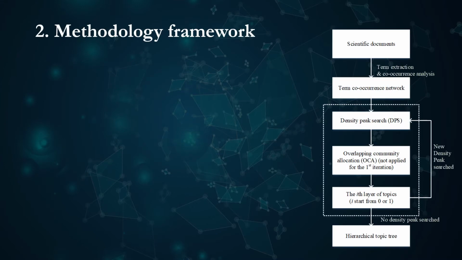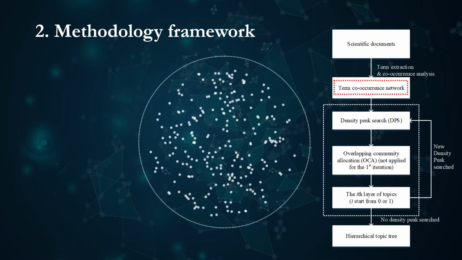This flowchart demonstrates our methodology framework. We start with a collection of scientific documents and extract terms from their titles and abstracts. Then we generate a term co-occurrence network, as shown in this figure. Every node represents a term, and the edges represent their co-occurrences, but we do not show edges in this figure to make it clear.